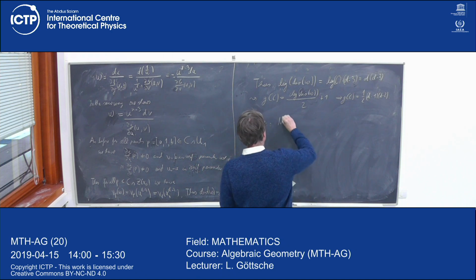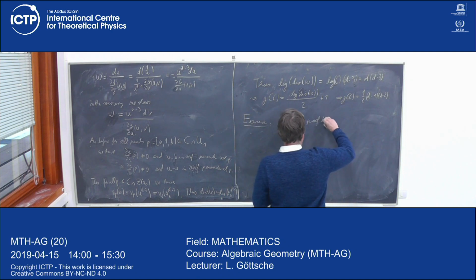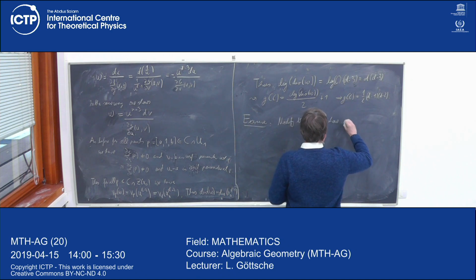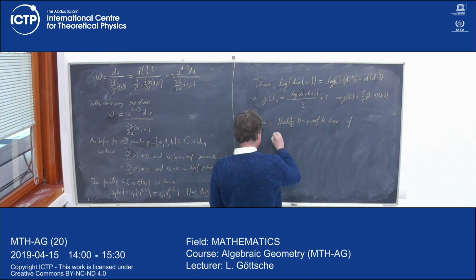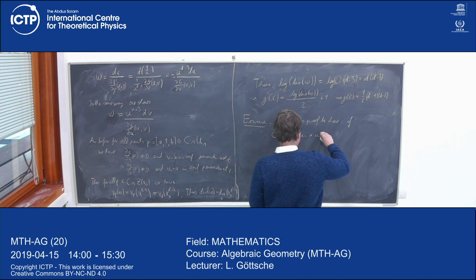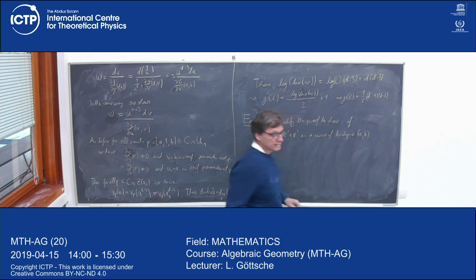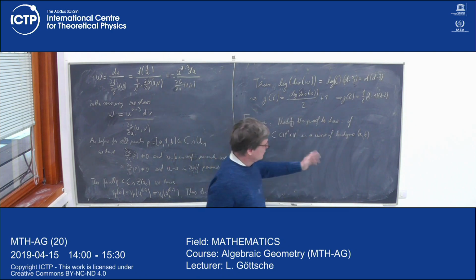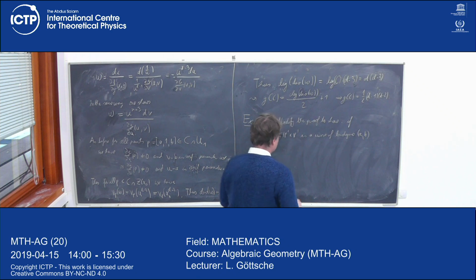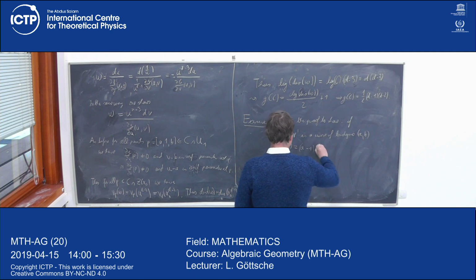So modify the proof to show: if C in P1 times P1 is a curve of bidegree A, B, so the ideal of the curve is generated by one polynomial of bidegree A, B, then the genus of C is equal to A minus 1 times B minus 1.